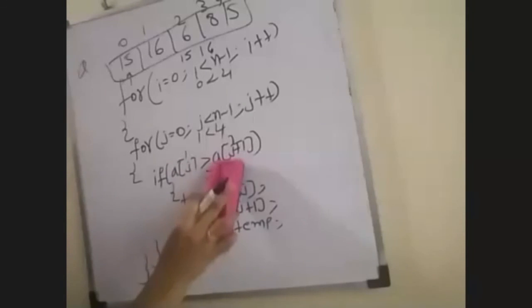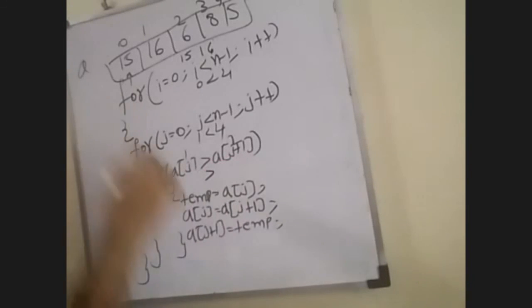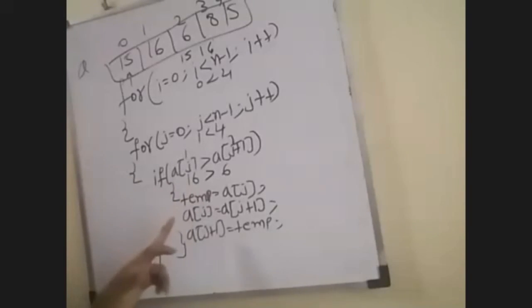What is the a of 1 value? 16, right? A of 2 value is 6. So 16 is greater than 6. Is the condition true or false? True. So then perform swapping.